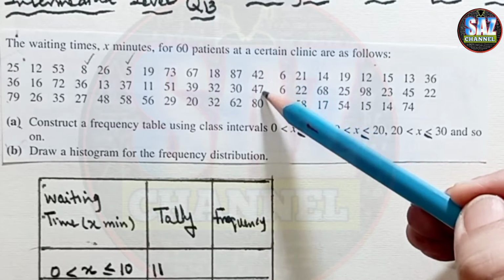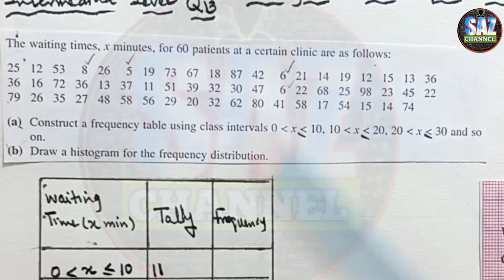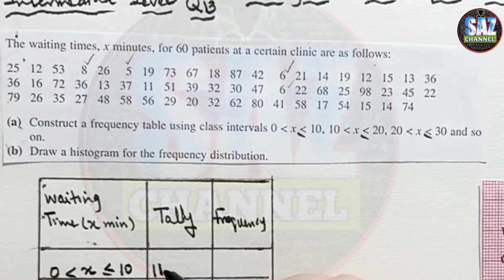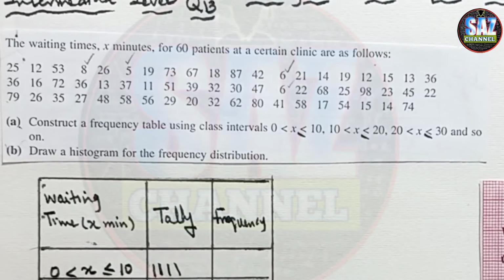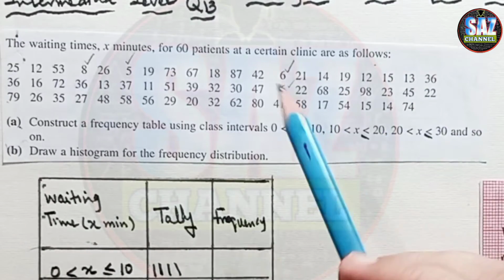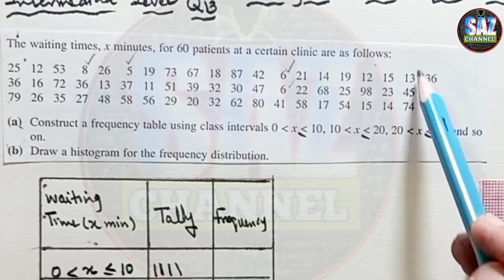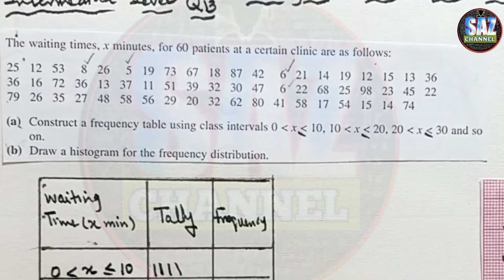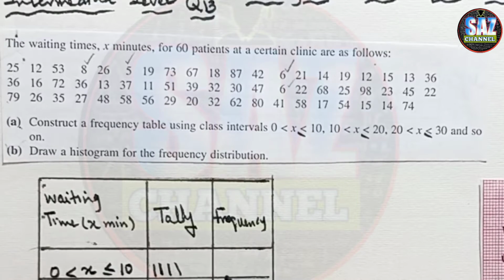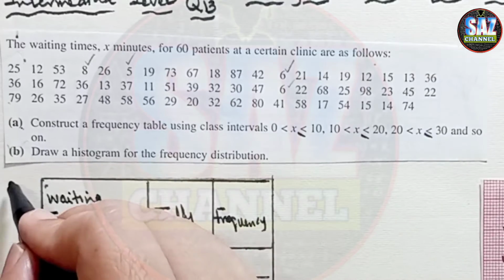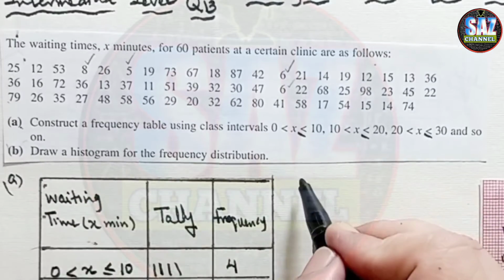Okay, then I need 2 more, 6 and 6, 1 and 2, and then do not stop here. You have to check the complete data. Maybe there is some other value, but we cannot find any other value, so this frequency will be 4. I hope you are clear how to construct the frequency table. This is a part of your question, that frequency table.